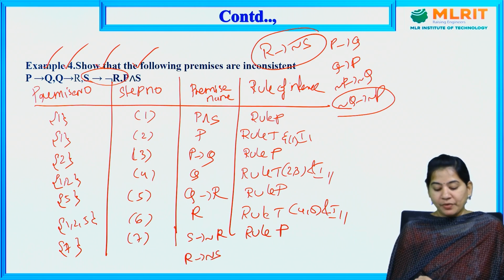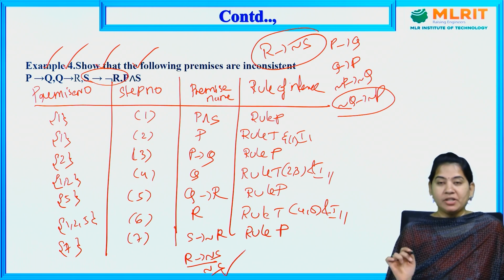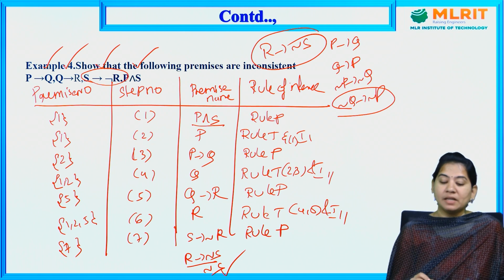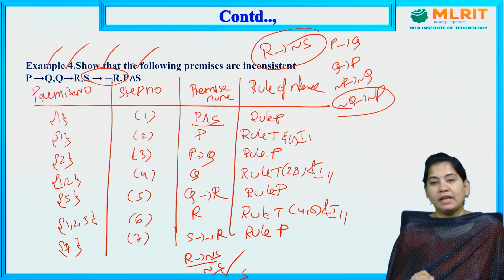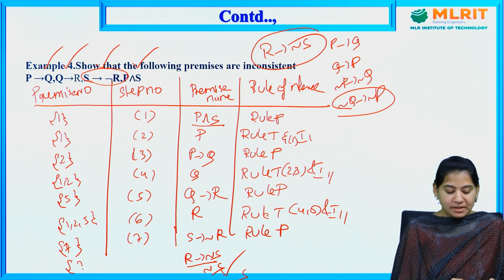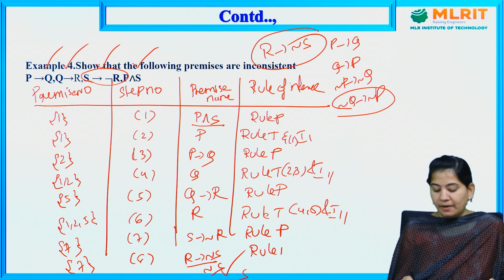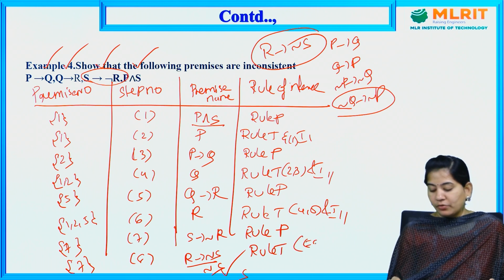So here R implies negation S is nothing but, R comma R implies negation S is yes. So here I have negation S. Now I don't have S, but from this P and S, I can write it as S also in the next step. So the premises numbers you will get, which is called rule T by applying the equivalence formula.